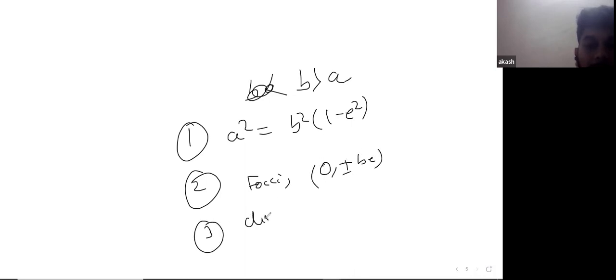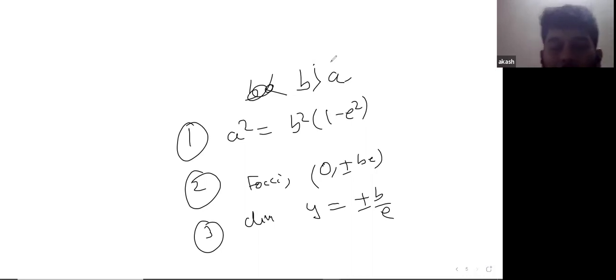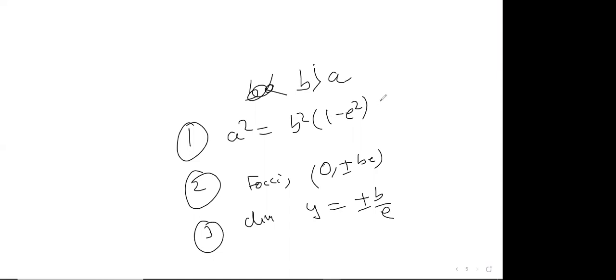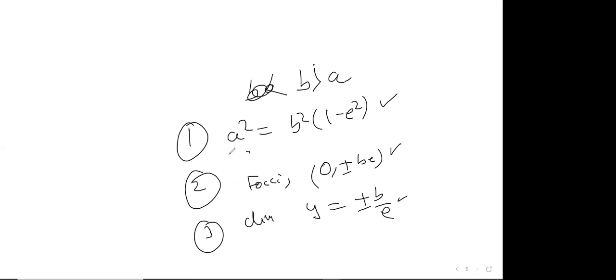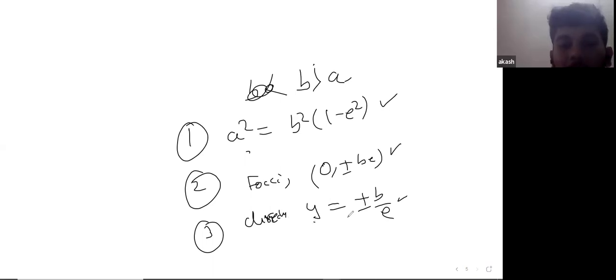Third, equation of directrix would be y equals plus minus B upon E. When B is greater than A, you need to keep that in mind. For ellipses, you have to check first whether A is greater than B or B is greater than A. Then you will have to find all these things. There are separate formulas for both.